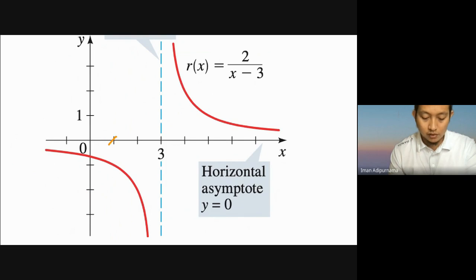So 1, 2, 3. This will be our center. And then we multiply with 2. So that's why if we have this maybe 5, this will be equaling 1.